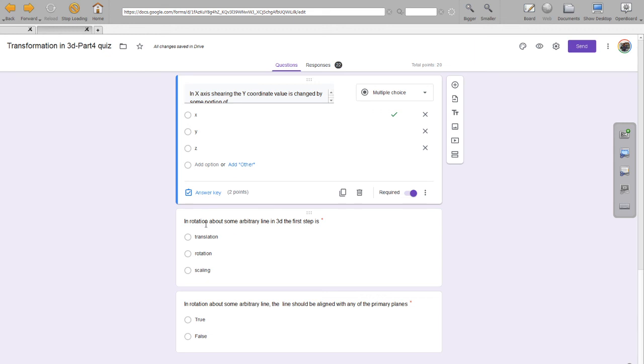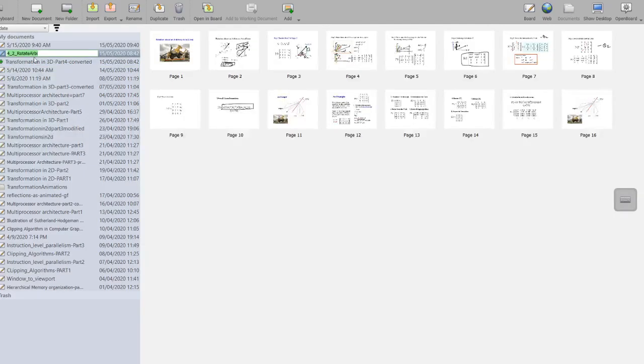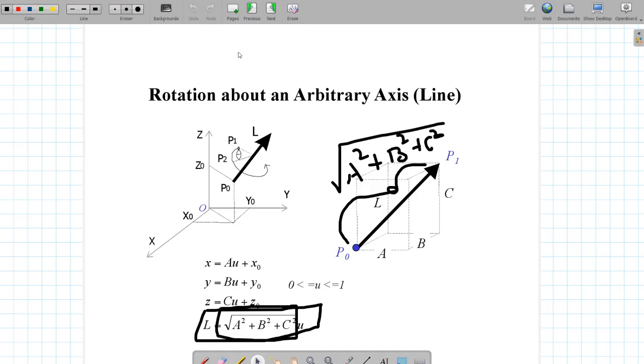In rotation about some arbitrary line in 3D, the first step is translation, rotation, or scaling? Now, if you can recall the discussion here, you can find that for rotation about an arbitrary axis, the first step which has been followed was to translate the arbitrary line in such a way so that it passes through the origin.